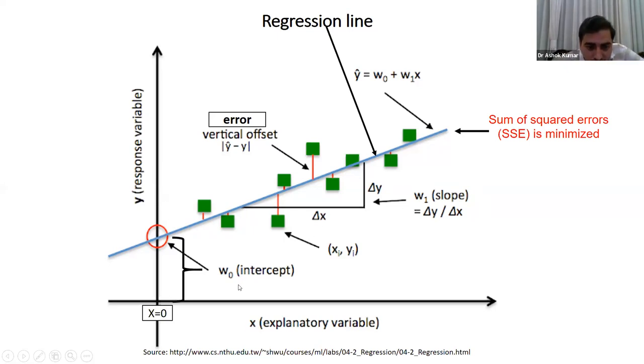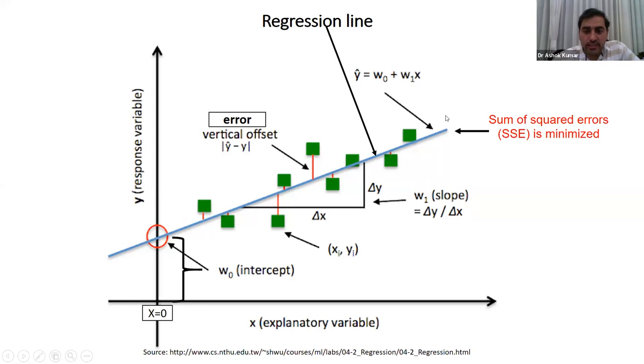From here this is x and there is also an x, so we subtract this x from this x. Suppose this is x1 and this is x2, so x2 minus x1 is delta x. When we divide delta y by delta x, it is called slope.